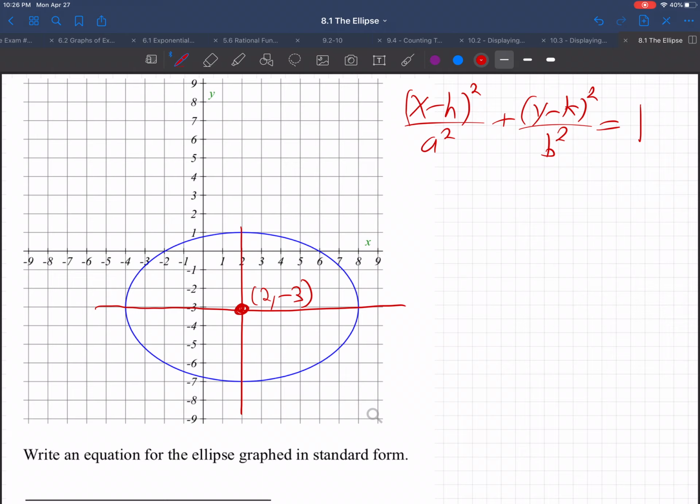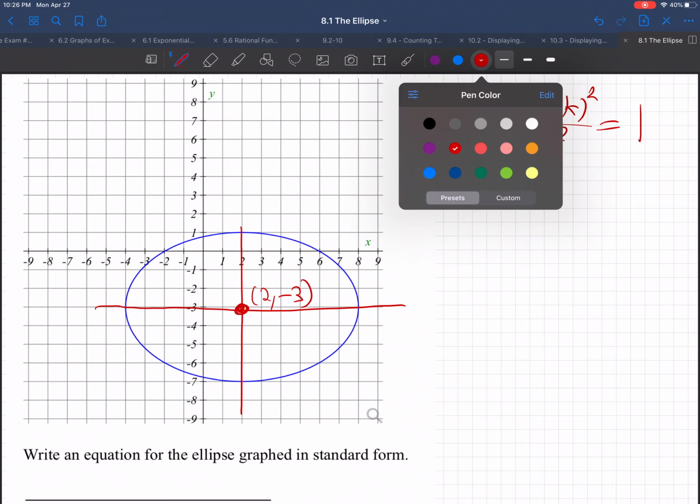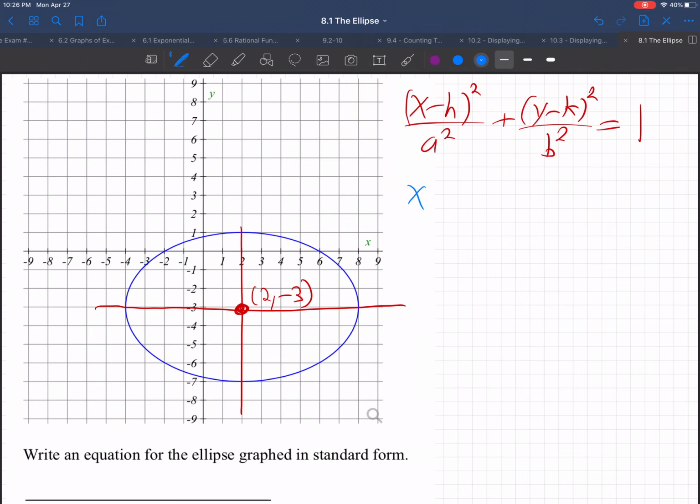Now remember, when we put those in the equation here, we've got to put them in with the opposites. So it's going to be x minus 2 instead of plus 2, squared, plus, and then y instead of minus 3, it's plus 3.